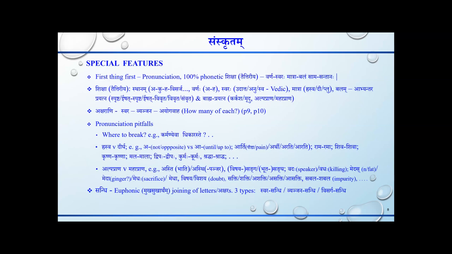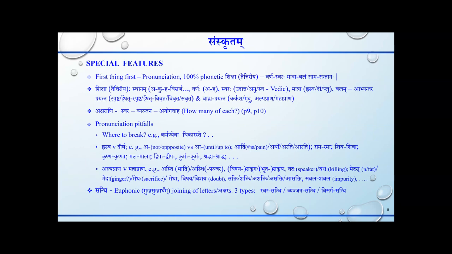Rama, the long A at the end of Rama, and the E at the beginning of Isha, combine to become Ramesha. Because A is a vowel, swara, E also is a vowel, that kind of sandhi where the two changes happen in the vowels is called a vowel sandhi or swara sandhi.